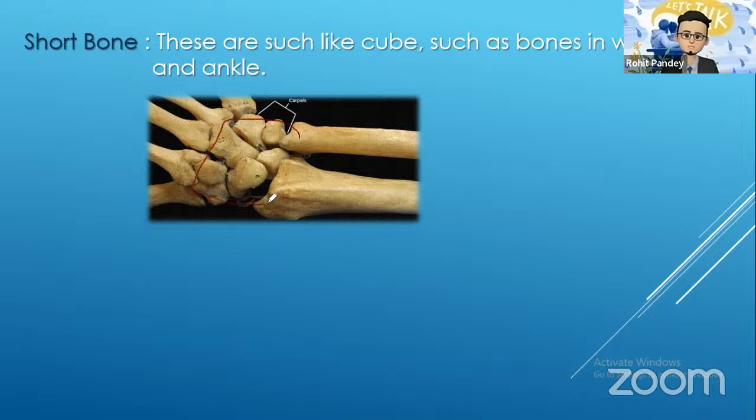This is the wrist portion. These are carpals, and these are wrist bones with a cubic form, and similarly in the ankles as well.